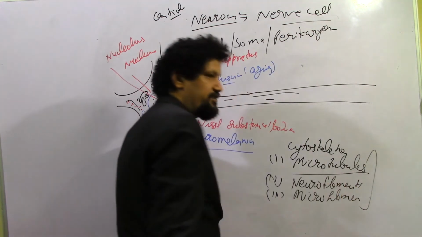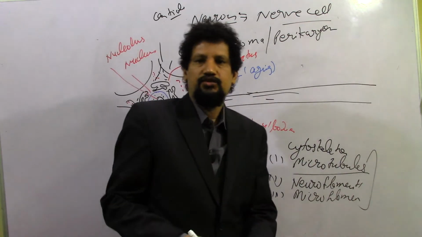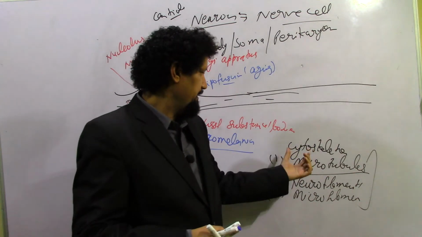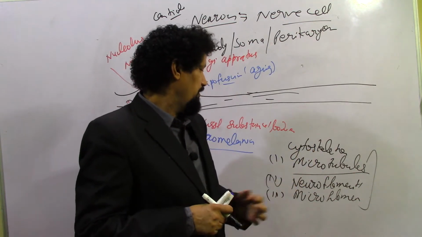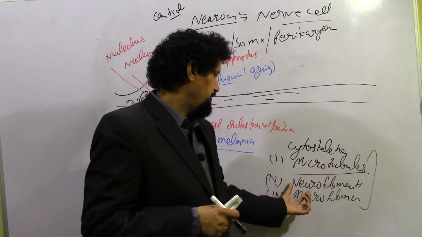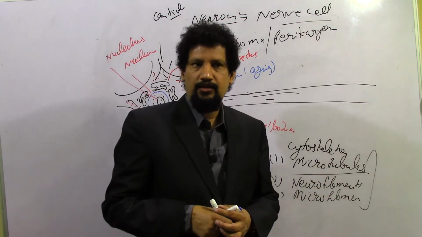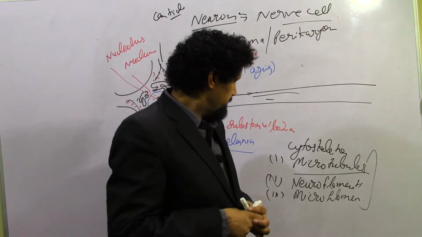All three are known as neurofibrils. So a typical nervous cell or neuron has a cytoskeleton formed by the microtubules, neurofilaments, and microfilaments, collectively known as the neurofibrils.